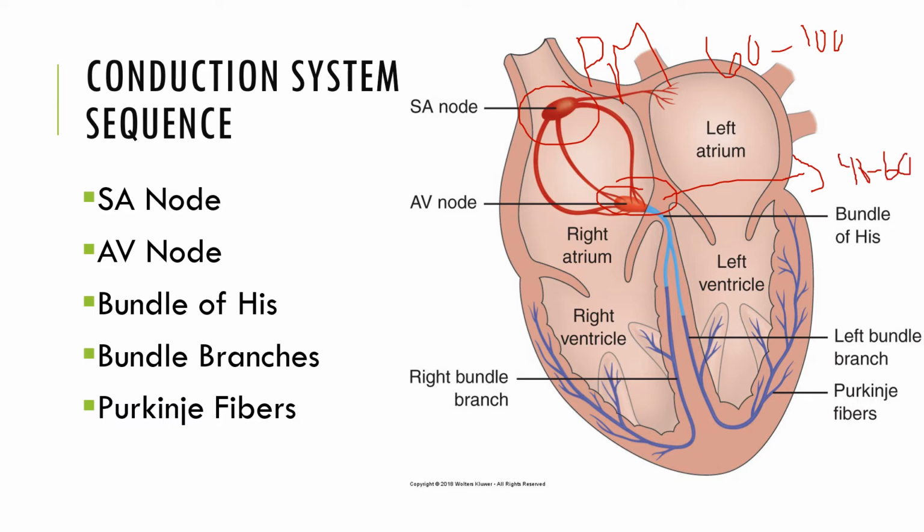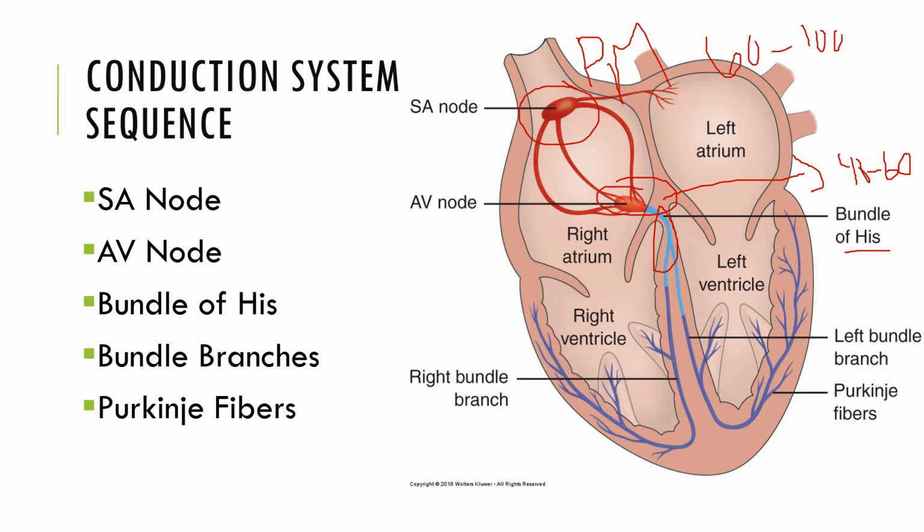Don't laugh at my lovely drawings there. Then you have the bundle of His, which connects the atrial to the ventricular impulses. So the bundle of His, this makes that connection. It's right in there, makes that connection. Then you have your left and right bundle branches.